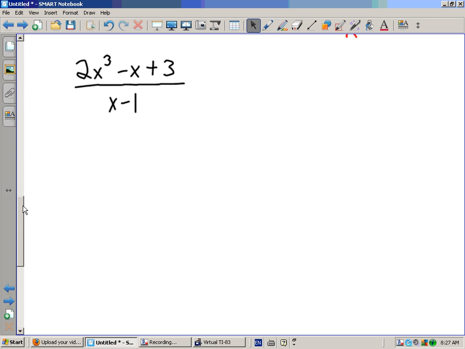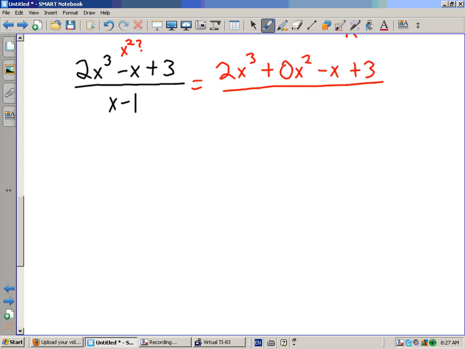As you can see in the numerator, there's an x cubed term, there's an x term, there's no x squared term. So the way that we rewrite this is as such. 2x cubed, that's unchanged, plus 0 times x squared, and then continuing on, minus x plus 3 divided by x minus 1.